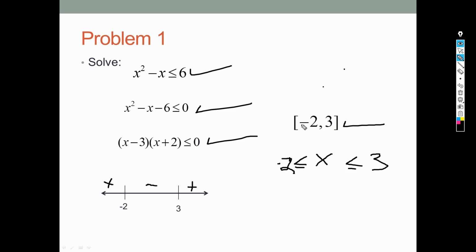Now I want to point out to you, if I make this strictly less than, x squared minus x less than 6, the procedure would be exactly the same, except your answer will be given this way now.